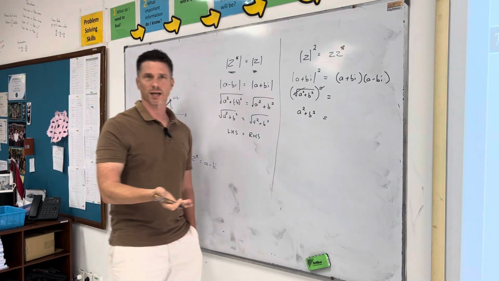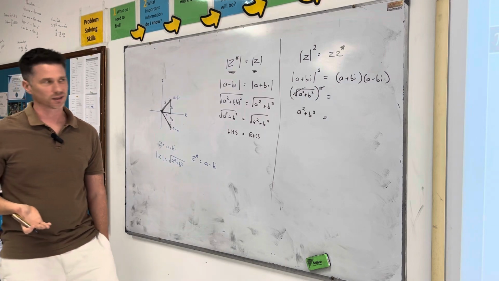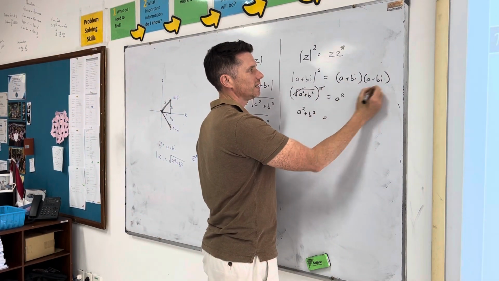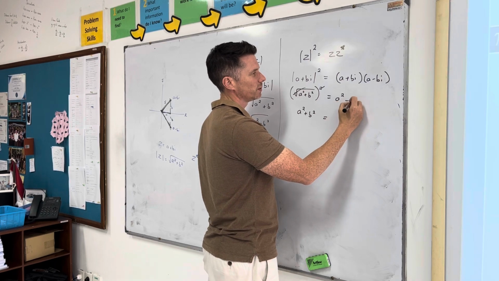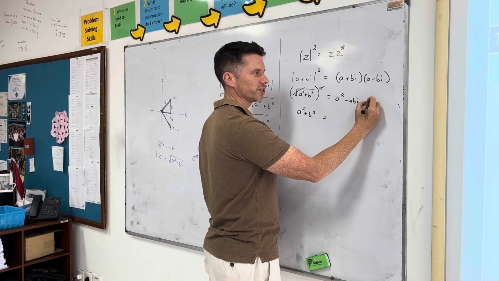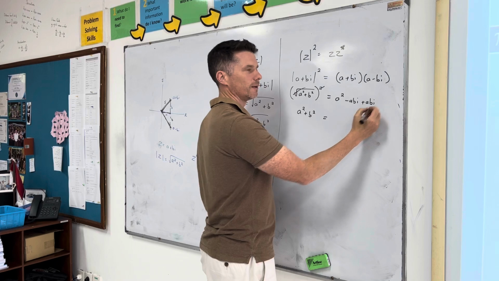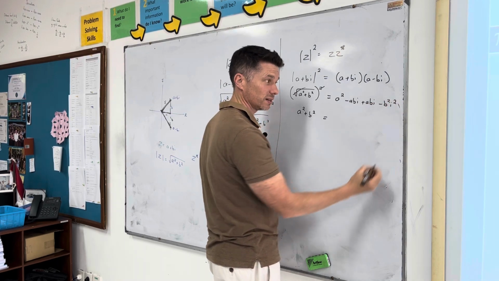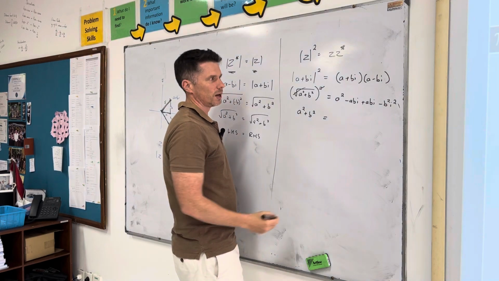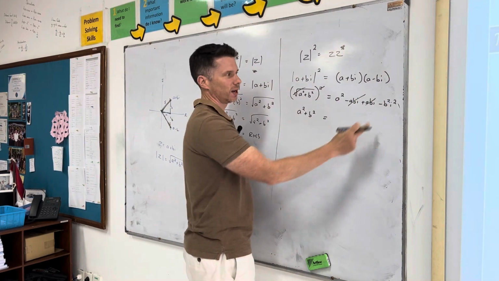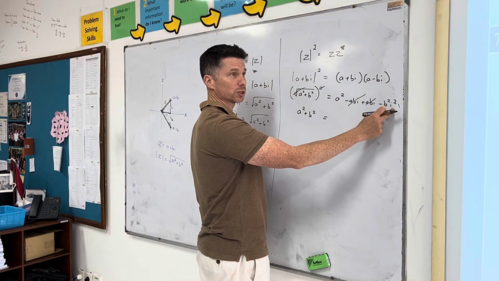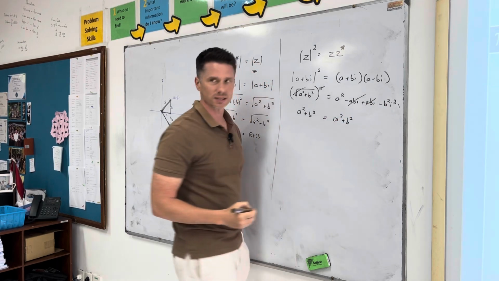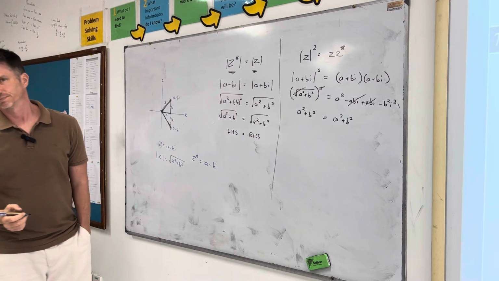Okay, let's work with the right-hand side and get it looking like that. a times a is a squared. a times, well, you kind of know this, but we'll do it anyway, abi plus abi, minus b squared i squared. And then i squared is minus 1. Now these cancel, and i squared is minus 1, so that changes. a squared plus b squared, so it is equal.